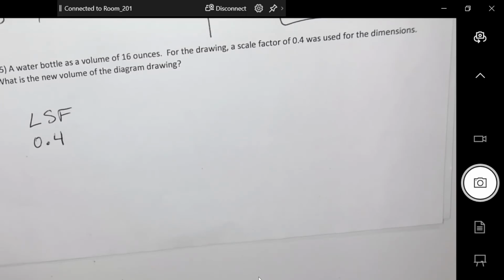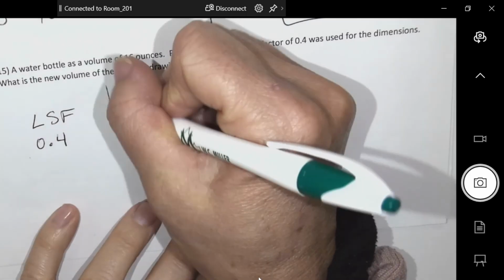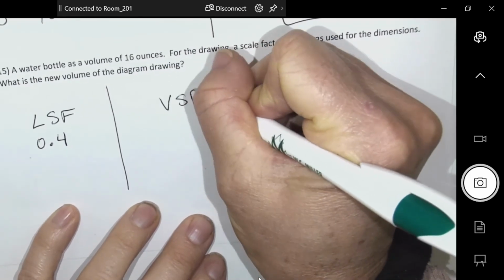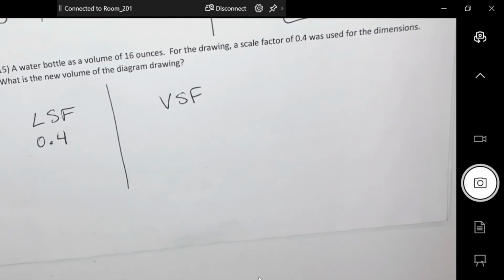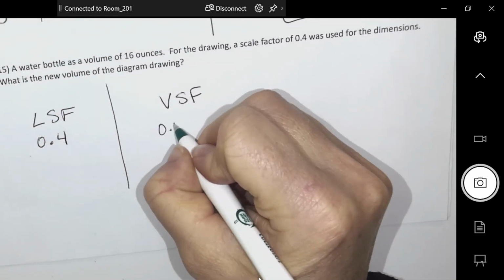The height of the bottle. So, what is your volume scale factor? What do you do to go from linear to volume? What do you do with that now? Cube it. So we went from squaring, now we're cubing.